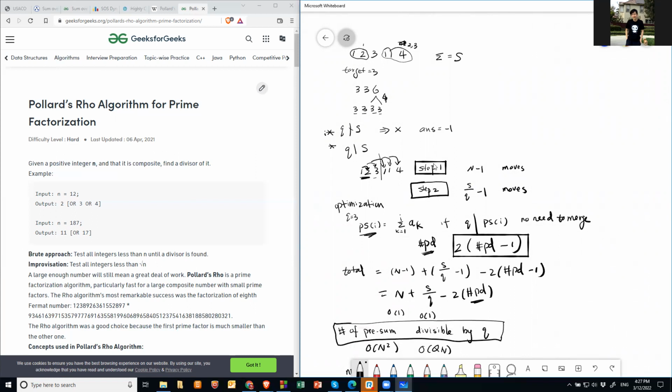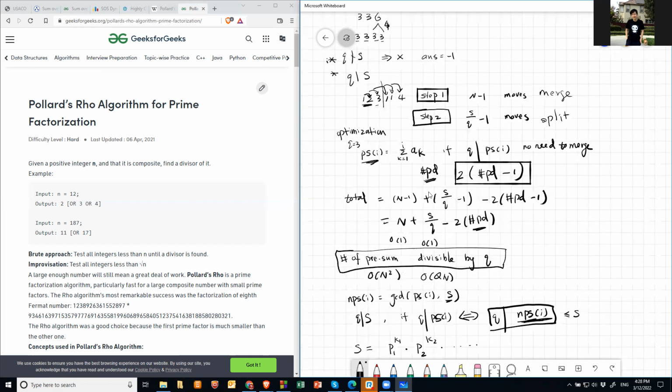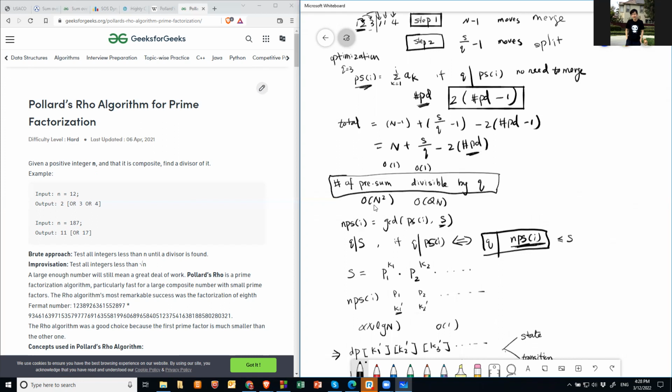Because what I saved is 1 merge, 1 split. Let me write it down. So this is merge. This is split. So the problem left is we need to calculate how many of the pre-sums are divisible by Q, and we need to optimize it from n squared to n log n.